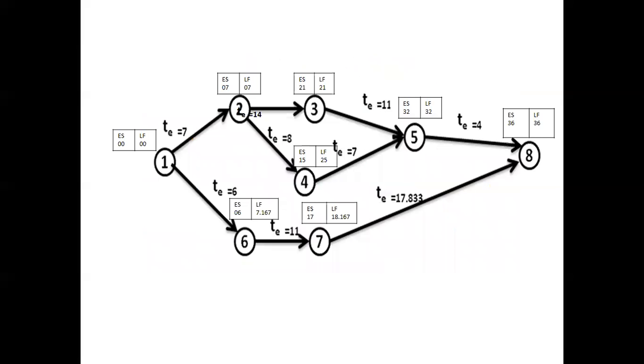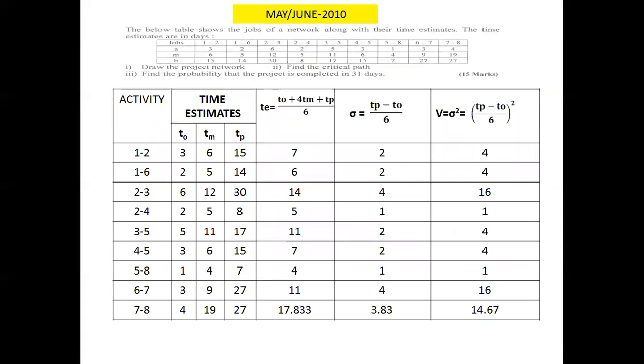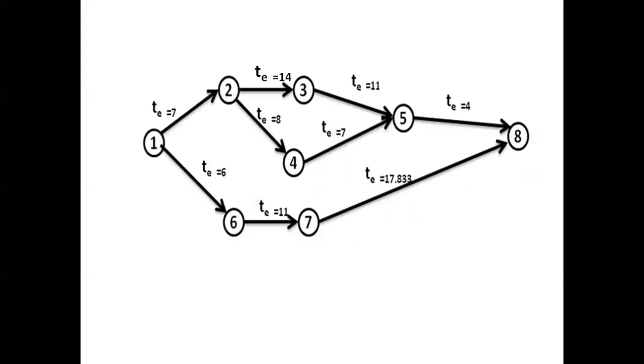Here the variance for activity 1 to 2 is 4, for 2 to 3 it is 16, for 3 to 5 it is 4, and for 5 to 8 it is 1.